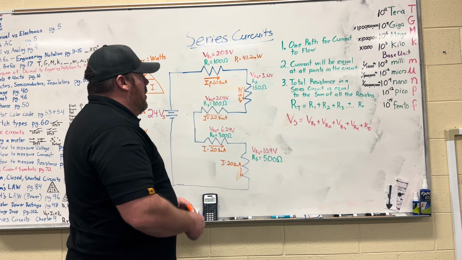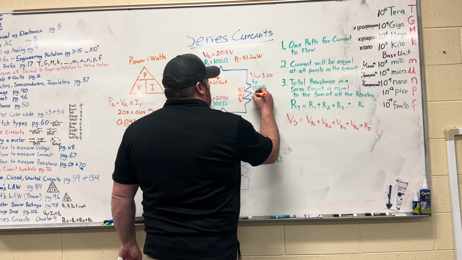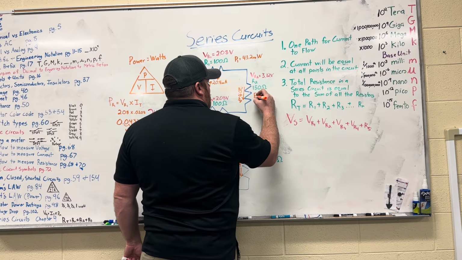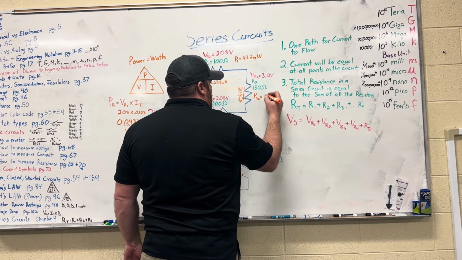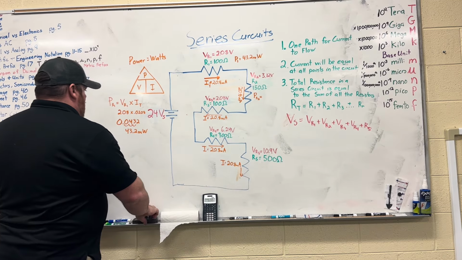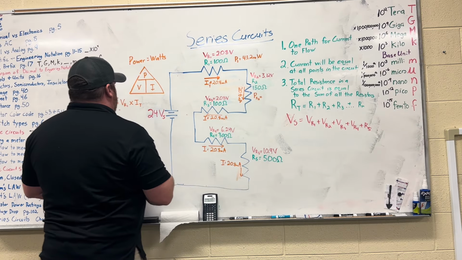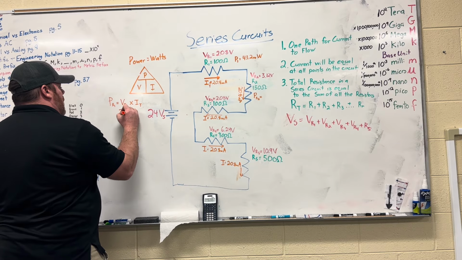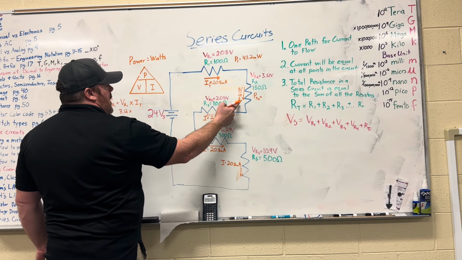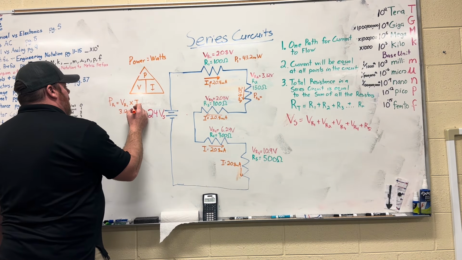We can continue on and do this for the others. So we're going to look at the power consumed by resistor 2. We're going to do the same thing. We look at the voltage drop, 3.2, and multiply that by the total current, which is the same at any given point.